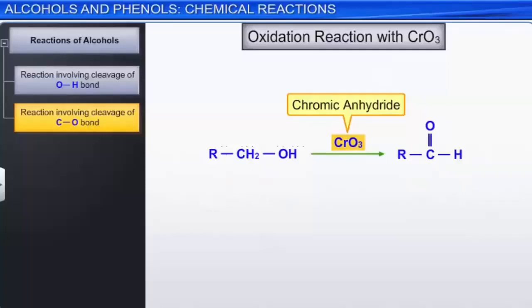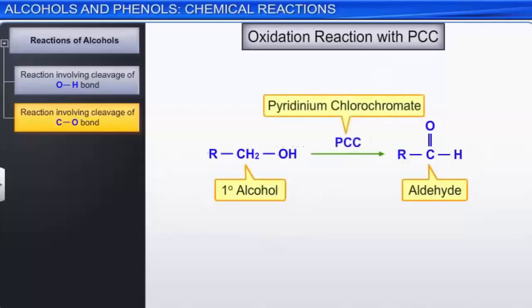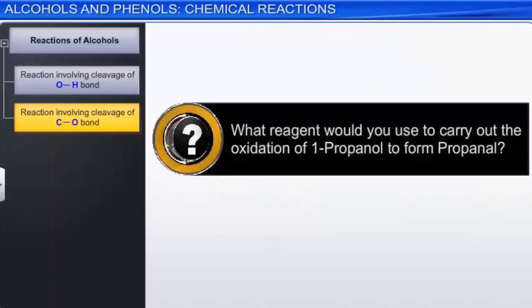An alternative route to the preparation of aldehydes from primary alcohols is to use pyridinium chlorochromate, or PCC. The addition of PCC to a primary alcohol will produce an aldehyde. PCC is also toxic. What reagent would you use to carry out the oxidation of 1-propanol to form 1-propanal?